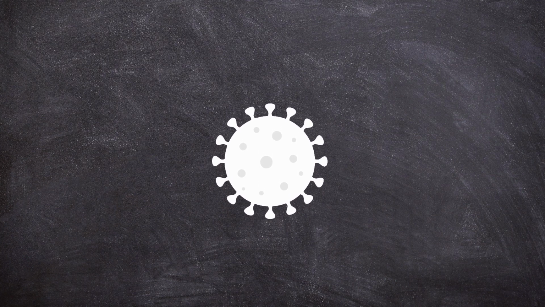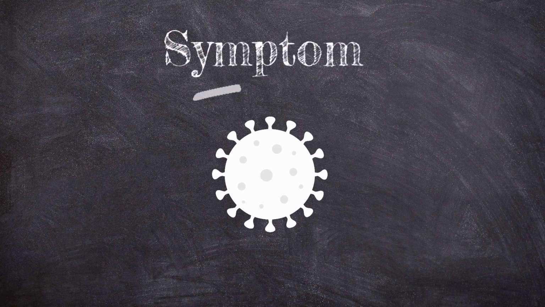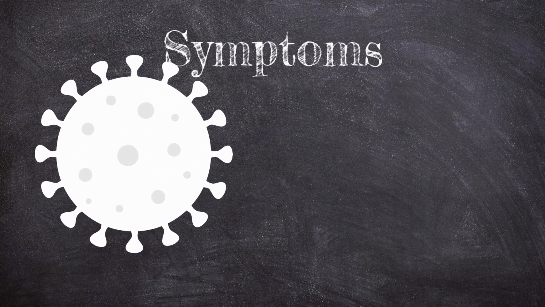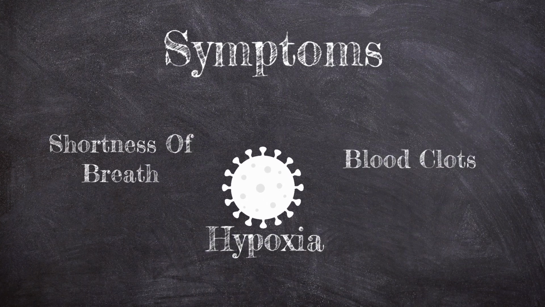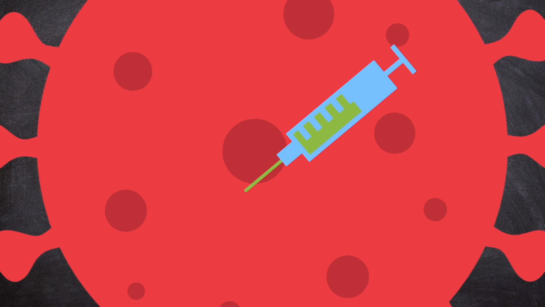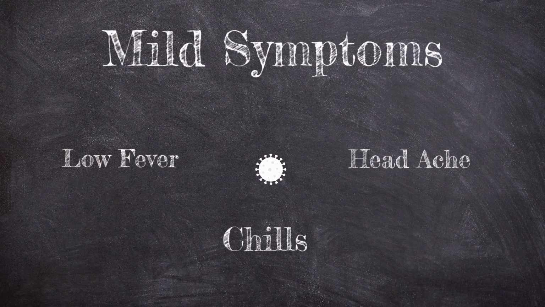This initial phase of your immune response is the stage where symptoms, especially serious symptoms such as shortness of breath, hypoxia, and blood clots, may occur. Using a vaccine has a milder immune response, skipping the most symptomatic phase and getting directly to the task of producing antibodies and committing the protein spike of the virus to memory.